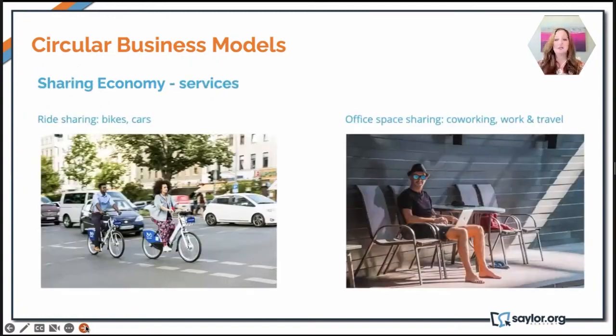Right. So a circular business model is the sharing economy, which can show up as services. And we see things today like what? Ride sharing, bikes and cars. I mean, who would have thought that you would take your own personal vehicle and use it to start a ride sharing business with Uber or Lyft?